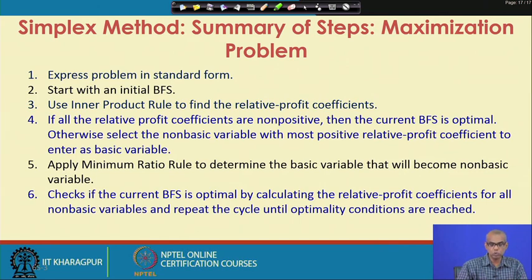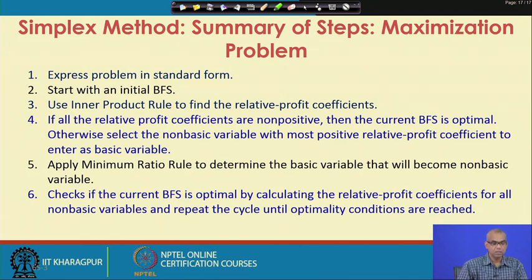Apply minimum ratio rule to determine the basic variable that will become non-basic variable. Check if the current basic feasible solution is optimal by calculating the relative profit coefficients for all non-basic variables and repeat the cycle until optimality conditions are reached.